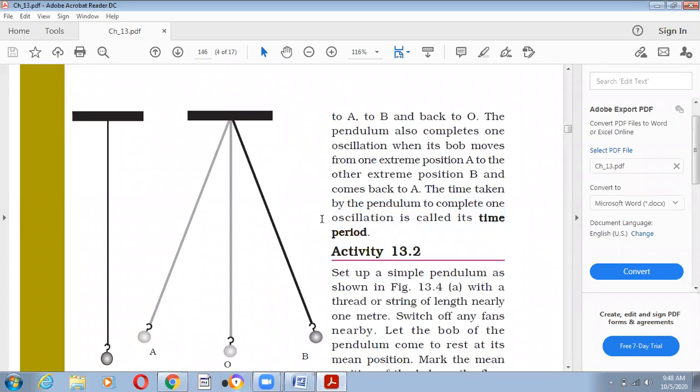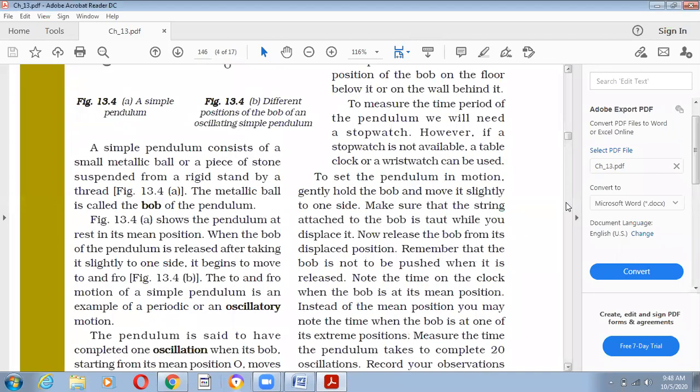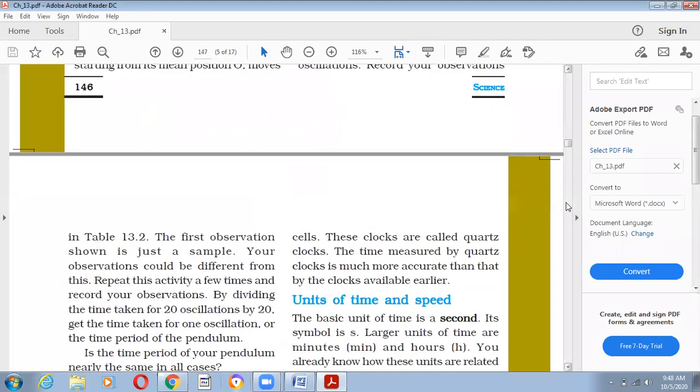You can use a thread and a ball, fix the thread to one point and hang it from that place, or you can use a stick. Keep that stick at the corner of the table, fix a thread of appropriate height from the floor, then fix a ball and rotate it like this, and you can note down the timings, how much time the oscillation is taking. This way you can do that.